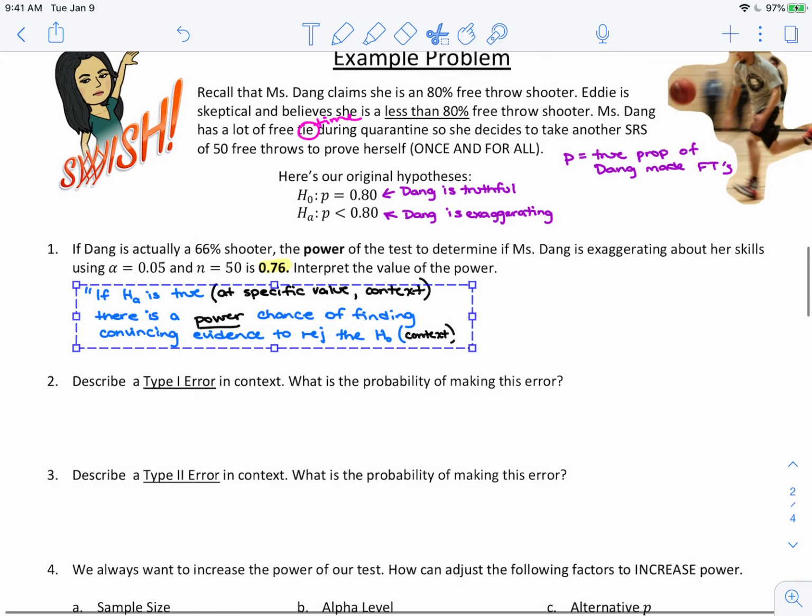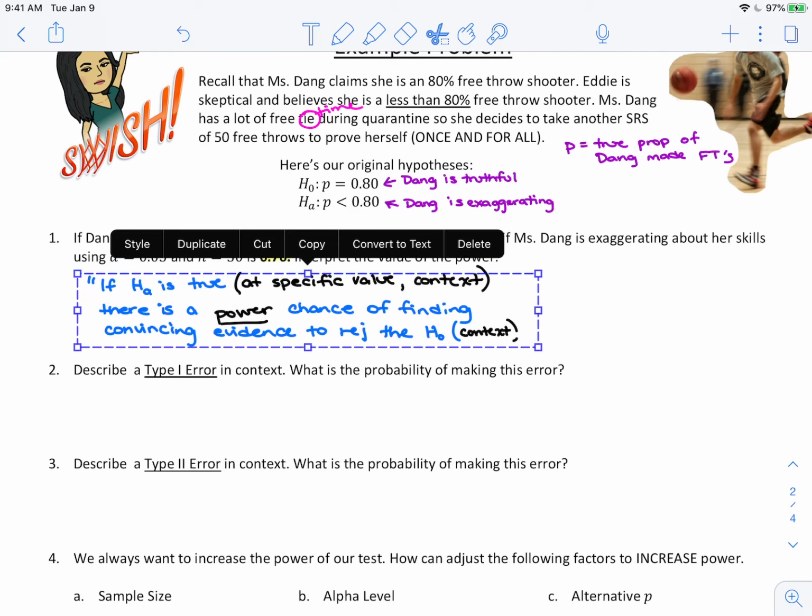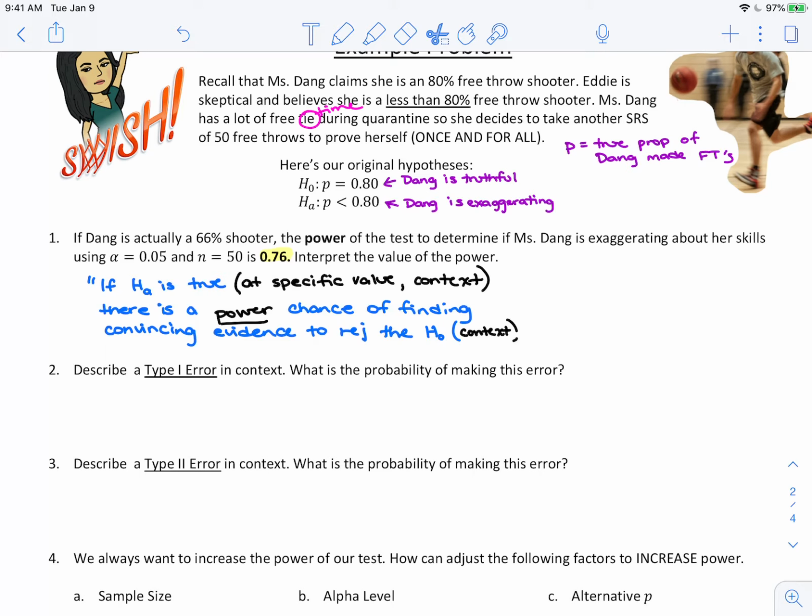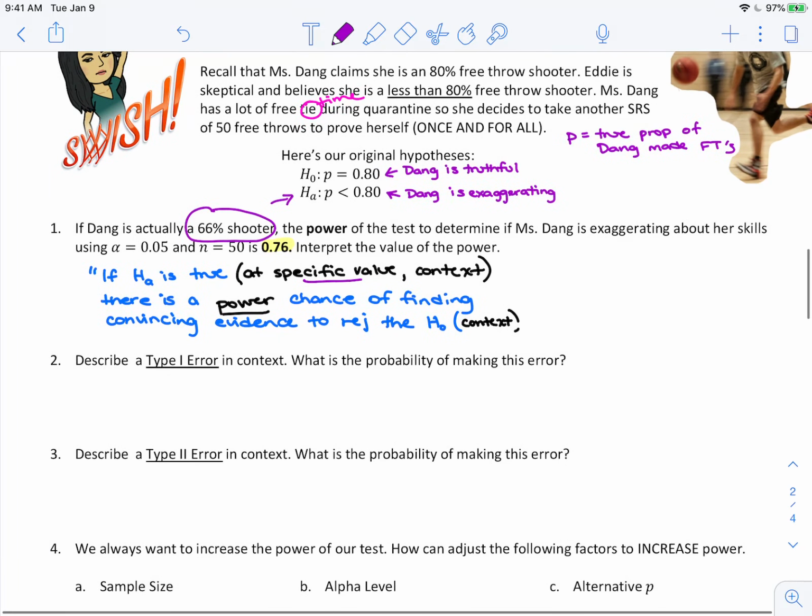Okay, so I want to show you what I'm going to change in this context. So if the Ha is true, I'm looking at the Ha at specific value context. So the value is what they usually give you. I want you to get that from the problem. This question is claiming that the specific value is 66%, and the context would be that I'm a 66% free throw shooter.